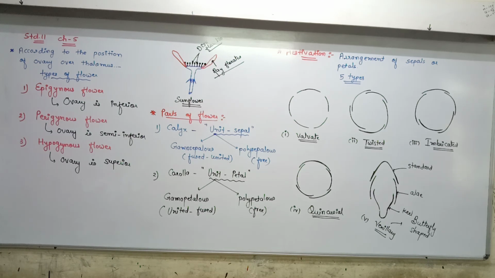Actually, the leguminous family is known as Fabaceae family. At the end of this chapter, I will tell you that the leguminous family is known as Fabaceae family, and in Fabaceae family there is the subfamily Papilionoideae.